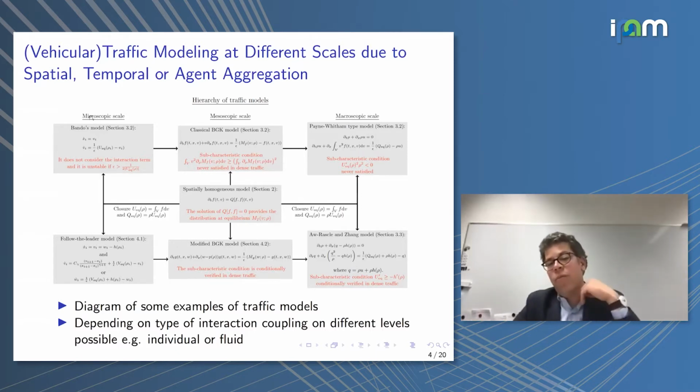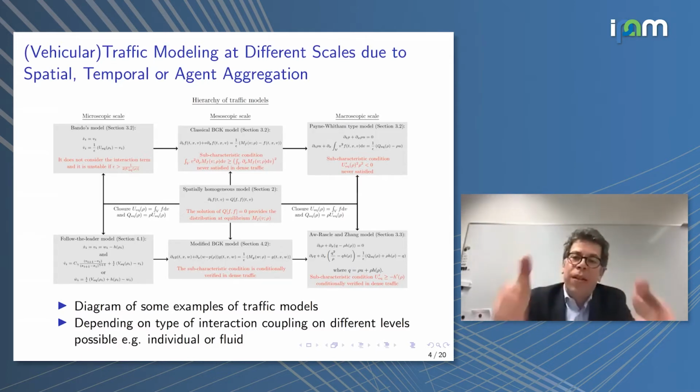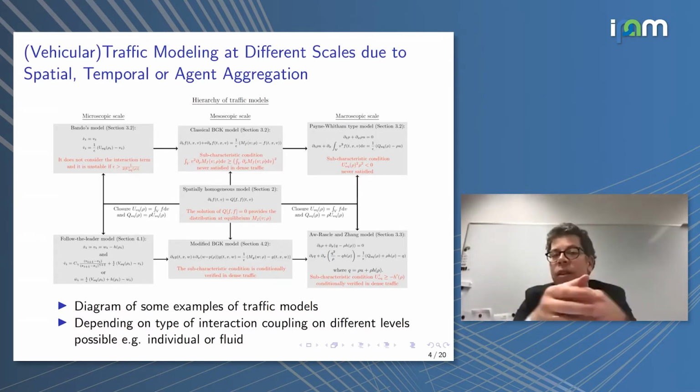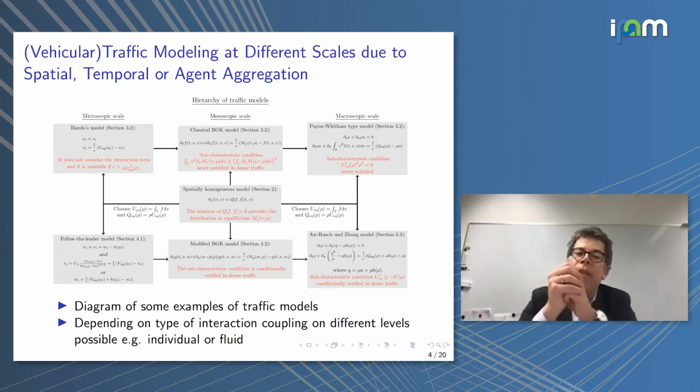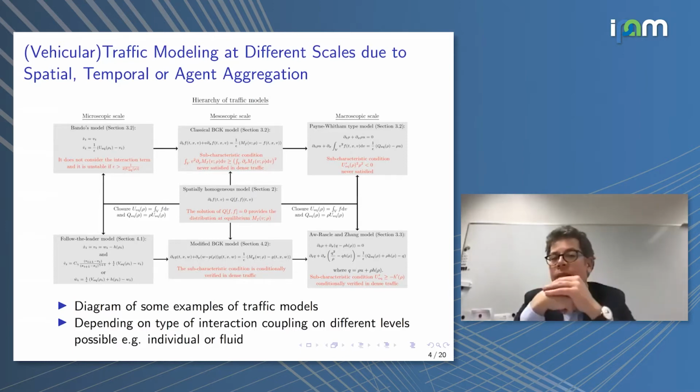So this is a scale where you describe pedestrian or vehicular traffic motions by describing individual trajectories of cars or pedestrians or whatever you want to model in this traffic environment.